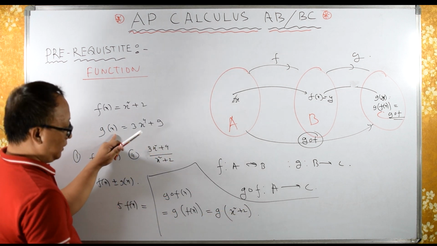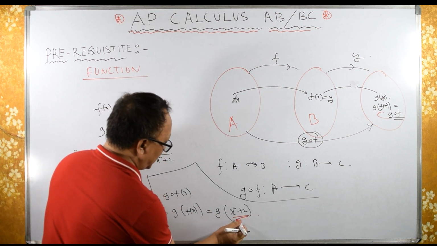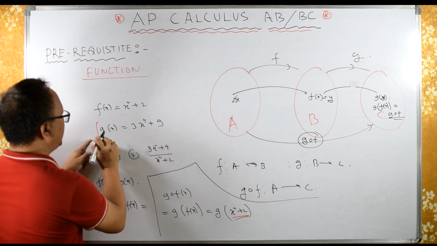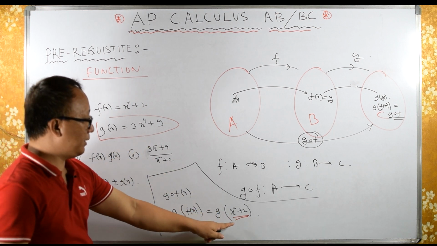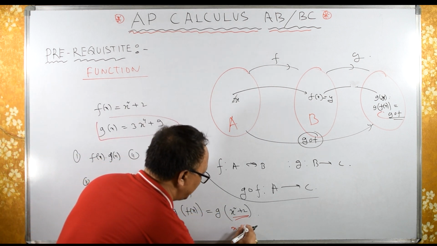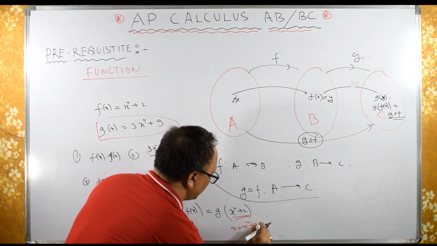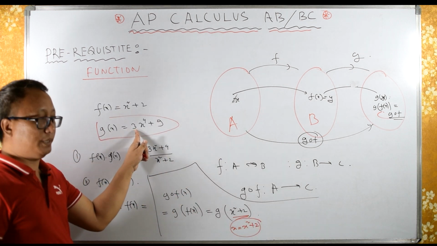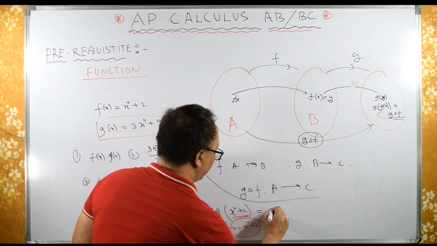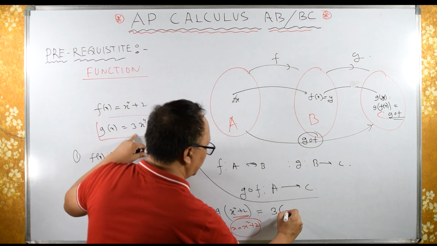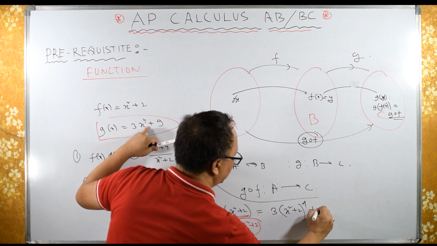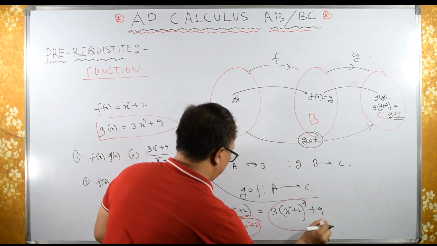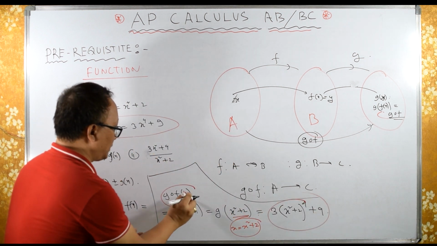Now consider this as x for the time being in g of x. Here, instead of x, you have to write x square plus 2. So this will become 3 into (x square plus 2) raised to 4 plus 9. So this is my g compose f.